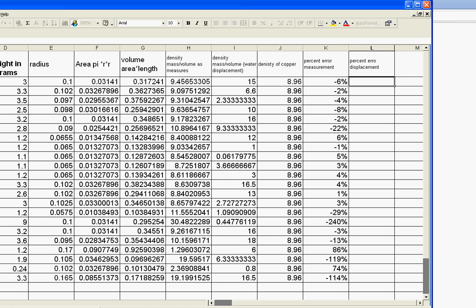Okay, so again, this equals the actual density minus the density we calculated using the displacement method. We're going to put that in parentheses because we want to do the subtraction first. Then we're going to divide by the actual, again, J2, and hit enter. Boom. And we're going to see what we got for errors here.